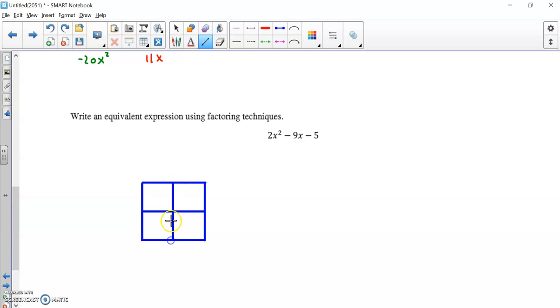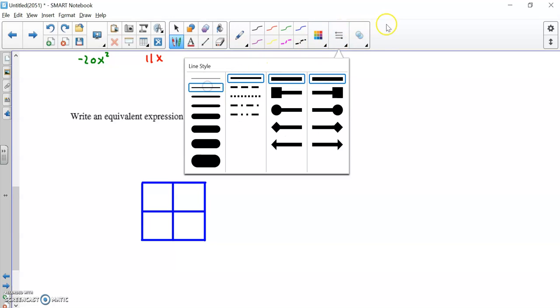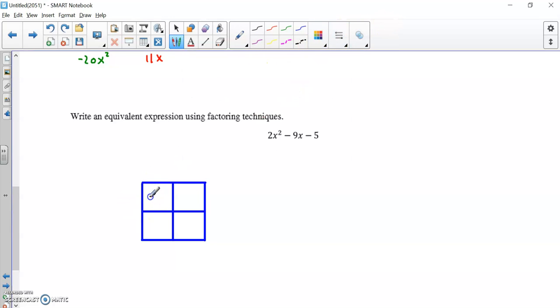As usual, we're going to put the first term in the top left. Bottom right is going to be the third term. Now the diamond: first times third, so 2 times negative 5 is negative 10, so we get negative 10x squared, and then down at the bottom we get the negative 9x.